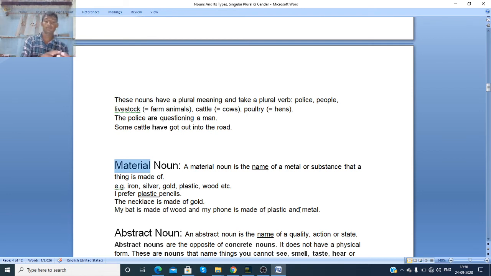This charger is made of rubber and steel. So, a material noun is the name of the matter or substance that a thing is made of. Like my bed is made of wood and my phone is made of plastic and metal.